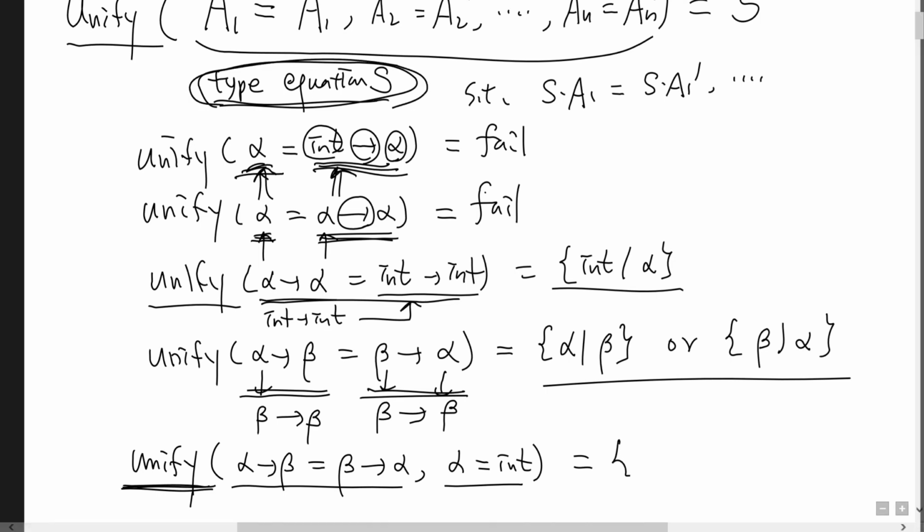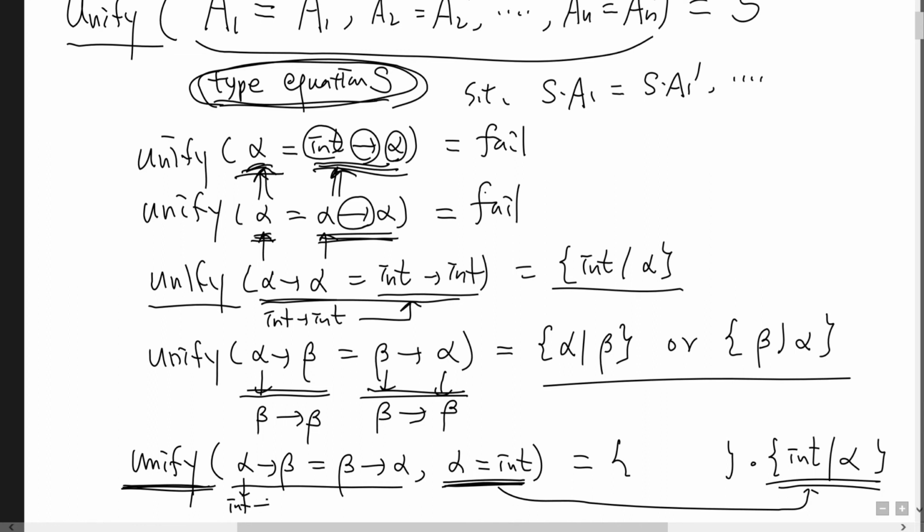The solution is, for example, alpha should become int. Then let's apply this type substitution: the first becomes int arrow beta, and the second becomes beta arrow int. The remaining solution is to use int for beta. These are examples of using the unification algorithm.